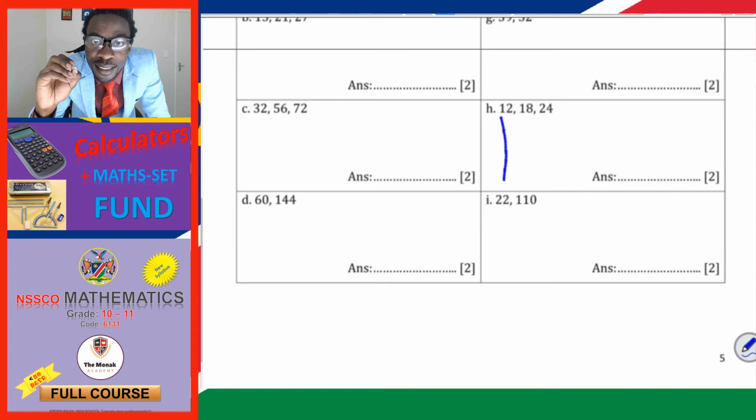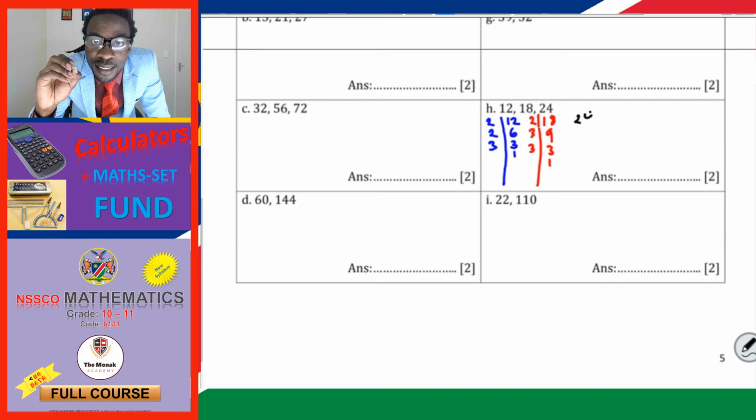Let's use 12. 2 goes into 12 6 times, 2 goes into 6 3 times, 3 goes into 3 once. We come to 18. 2 goes into 18 9 times, 3 goes into 9 3 times, and 3 goes into 3 once.